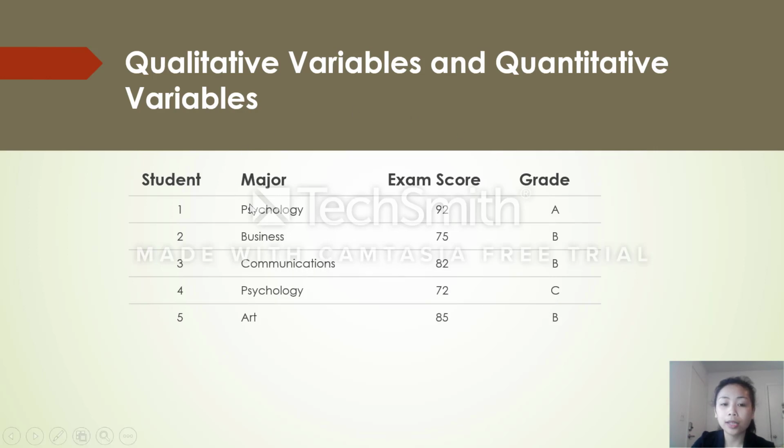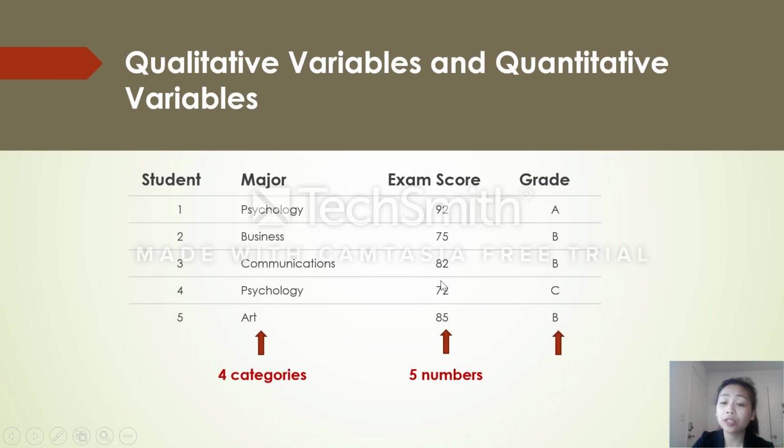If you look back to the last example, you see the piece of information about major. Here we have 4 categories. So this is an example of categorical variables. The second piece of information, we have 5 numbers, so this information is represented in numbers.